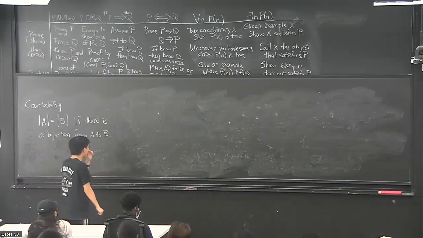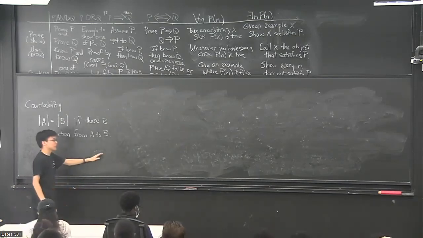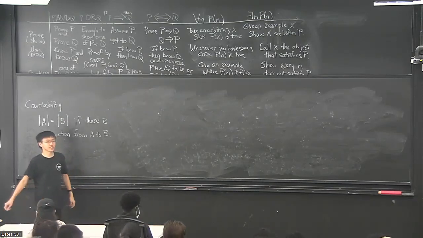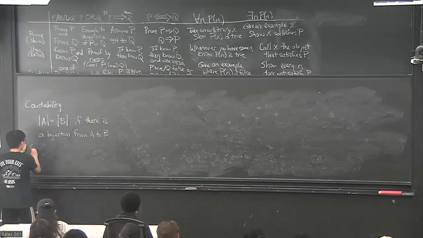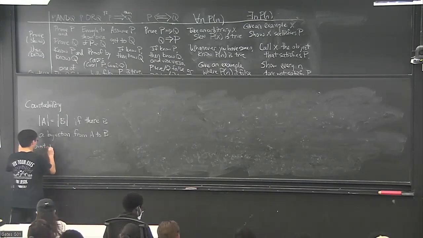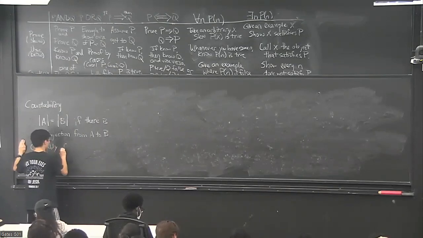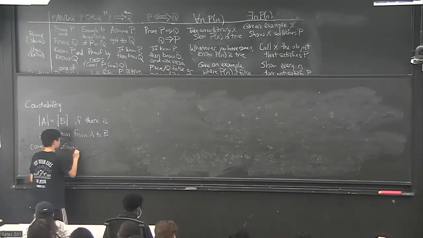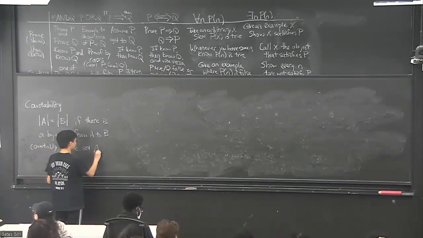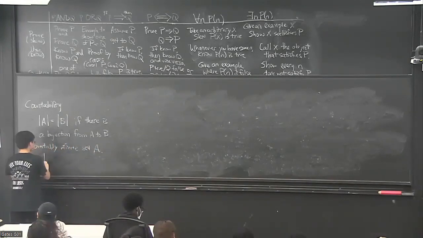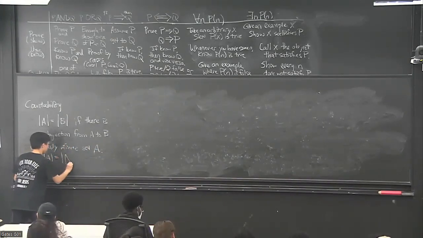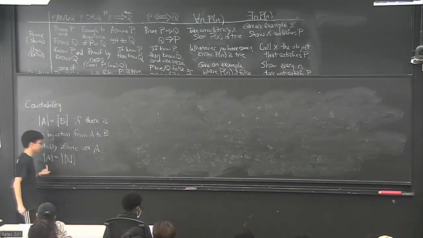A set is countably infinite. A countably infinite set A means, in other words, a bijection from A to the naturals.